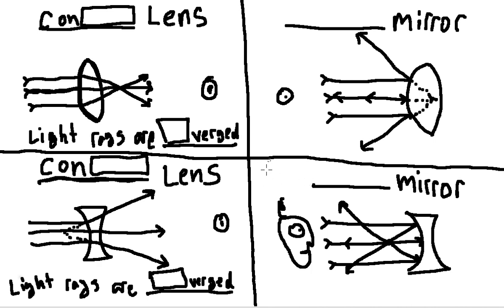Now, over here, same exact thing. The light rays are, same thing over here. I'm not going to do all this for you. But notice, these two don't line up anymore.